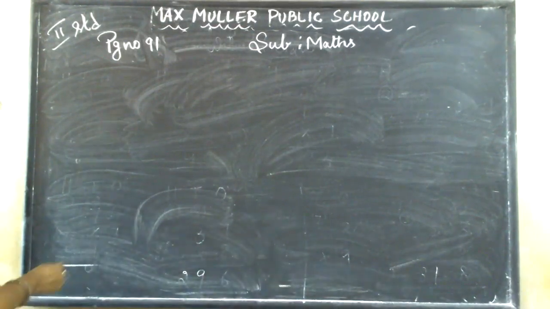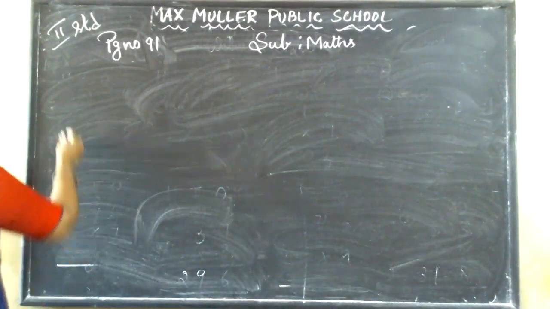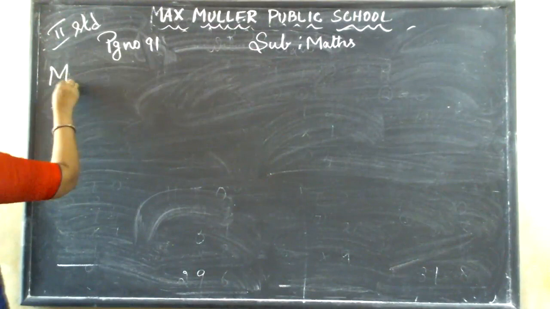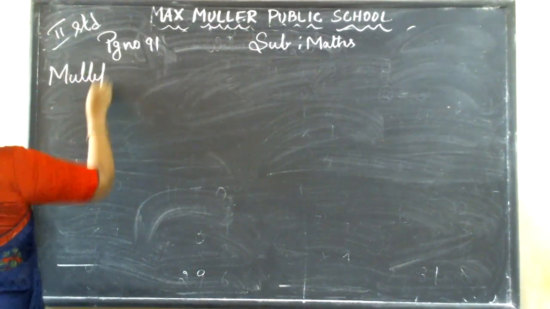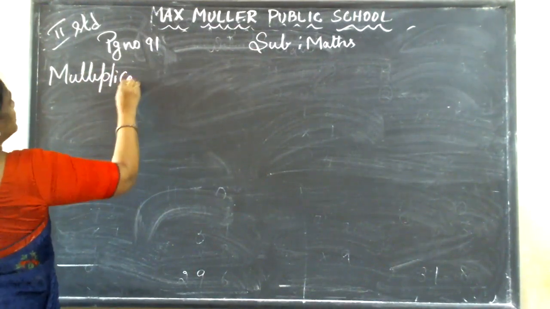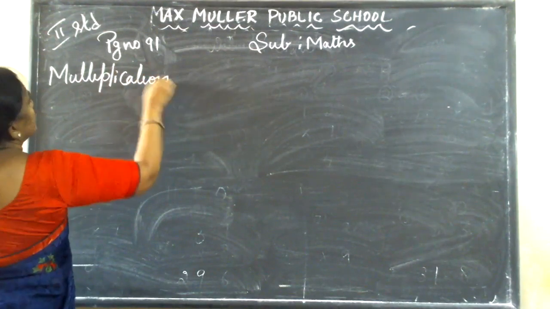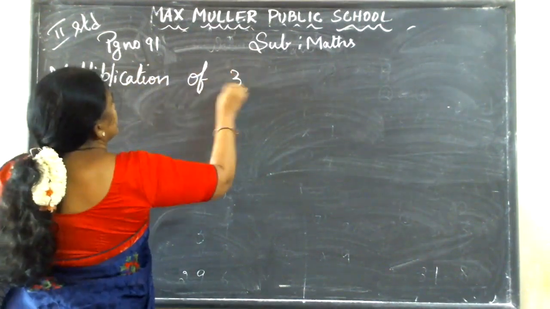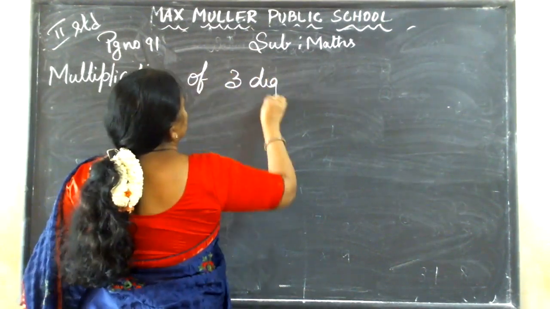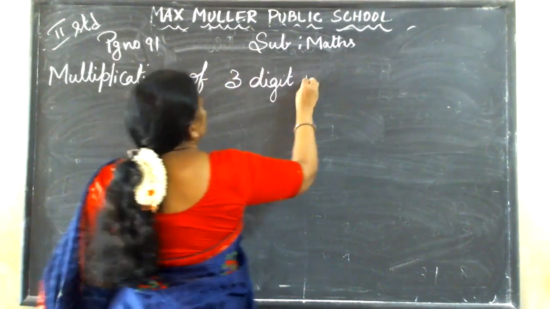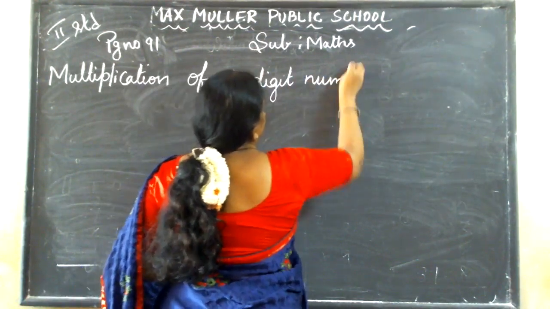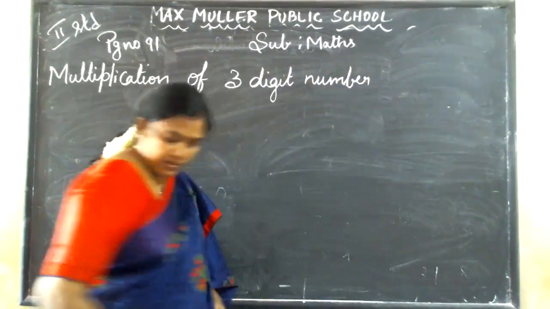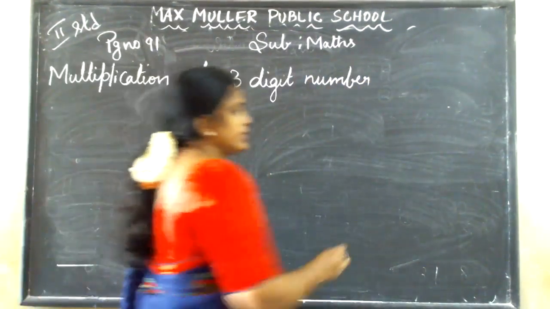With carrying, we are doing multiplication of a 3-digit number by a 1-digit number.